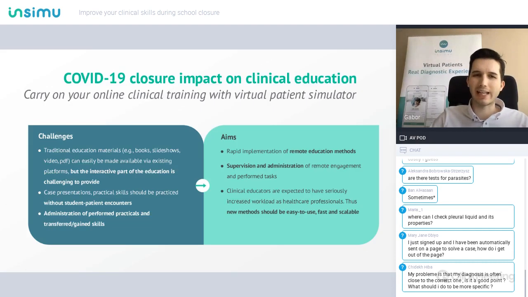They may also be overburdened, as they are also healthcare professionals taking care of patients. So they need to find tools that are very easy to use and scalable, so they can share the cases that they like with a large number of students. And they should also see the performance of the students.